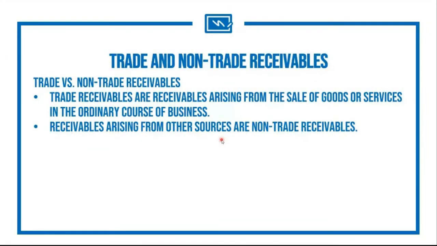Okay, so yan yung concepts natin ng receivables. So with that, since na-discuss na rin natin ang trade and non-trade receivables, then we are now going to specifically discuss all the concepts relating to these types of receivables na. Yan. So na-discuss na natin kanina, pag trade, dapat galing sa ordinary course of business. Kapag non-trade, yan na yung mga others. Okay? Other sources na yan. Okay? So ganun lang naman ang decision natin.